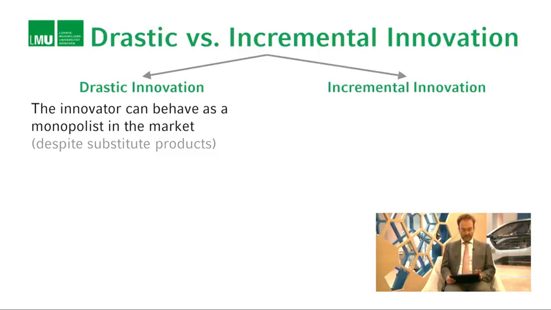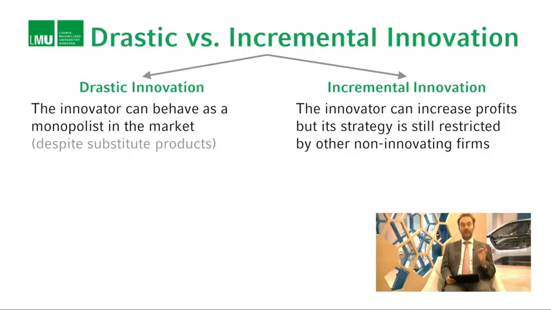In incremental innovation, again, it's an innovation, and the innovator will increase his profits, but not necessarily as an unthreatened, unaffected monopolist. He'll still have to take the behavior of other, non-innovating firms into account.